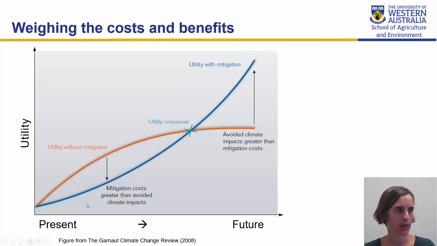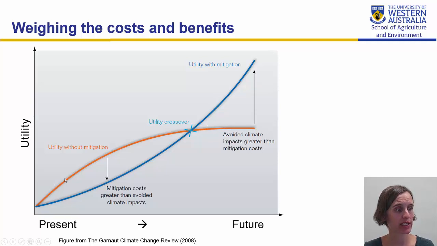So let us interpret this graph, which is a good exercise, I think. Let's look at their utility functions or utility graphs, which means the welfare that people derive. This is the current situation, and the orange line is our welfare, our utility, if we don't take climate change mitigation action.